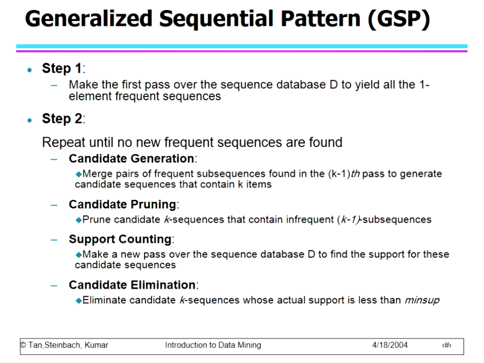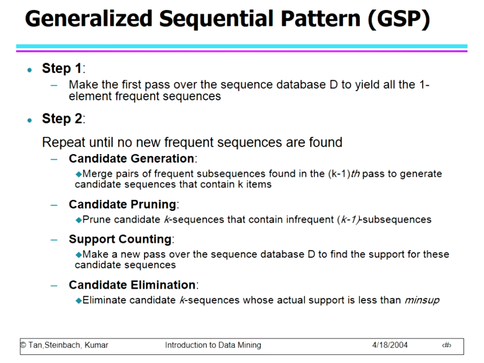After that, candidate 3 subsequences, etc. So in step 1, we make the first pass over the sequence database D to yield all the 1 element frequent sequences. After that, we repeat until no new frequent sequences are found.